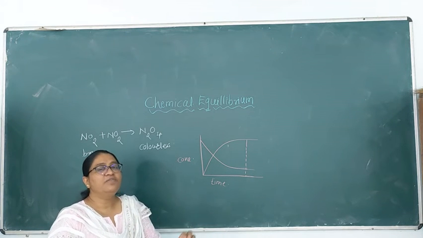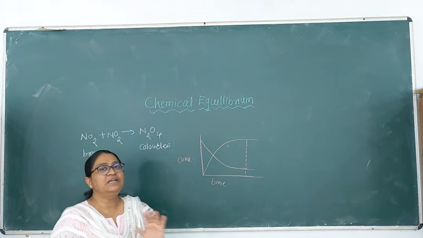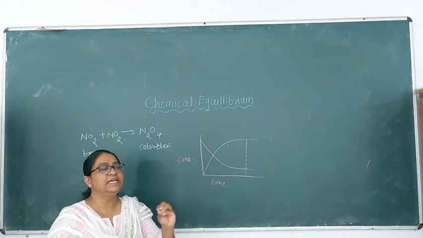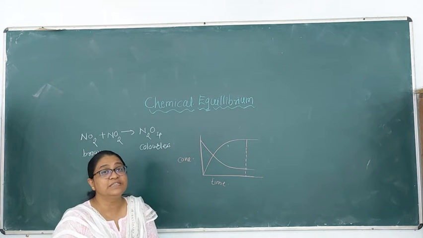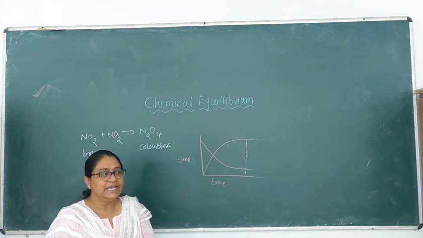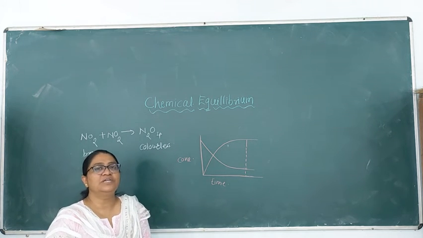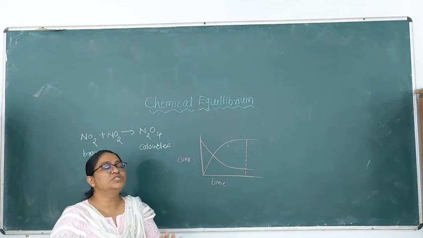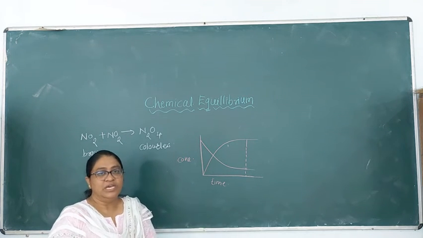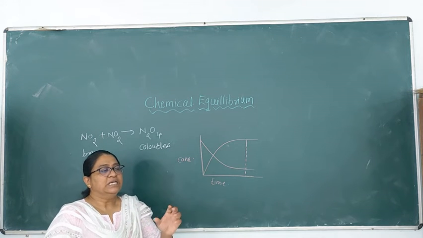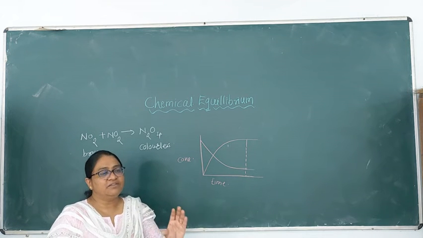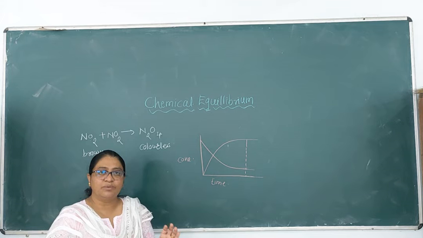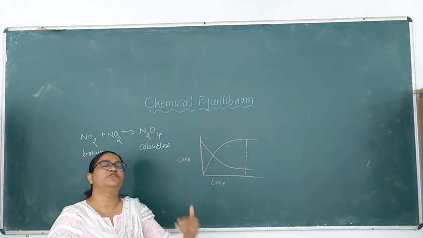But even after a long period, the vessel does not become exactly colorless. What does this mean? This means that some of the nitrogen dioxide remains in the vessel, unreacted. We observe that some faint brown color is constant after some time.